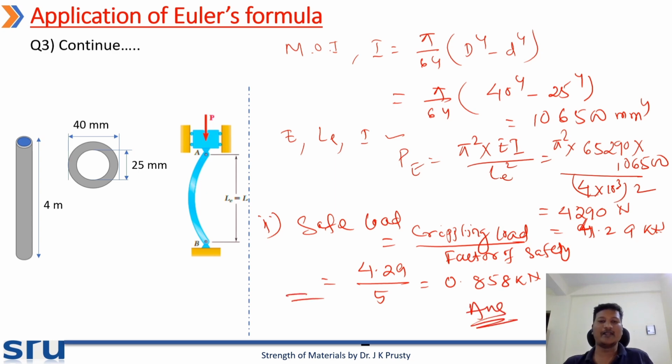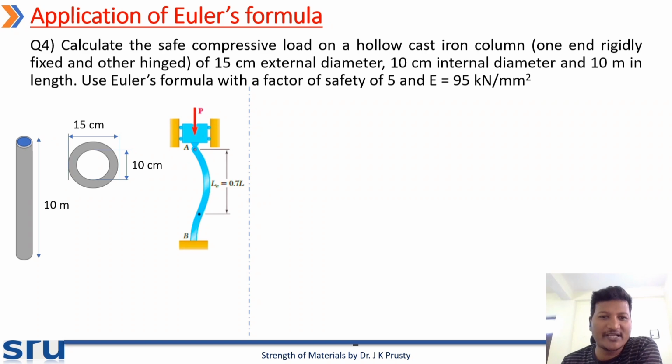So similarly, the next question is, suppose you need to calculate the safe compressive load on a hollow cast iron that is used as a column, and the end condition is given: one end is rigidly fixed and the other end is hinged.